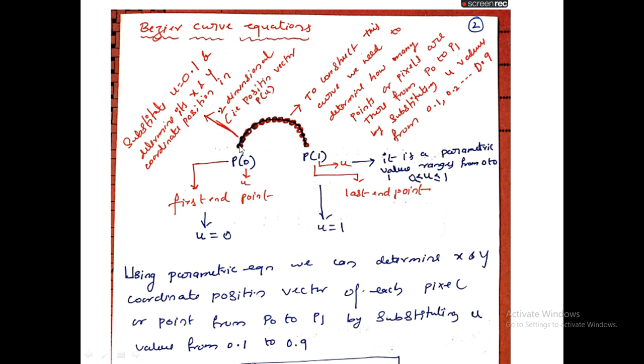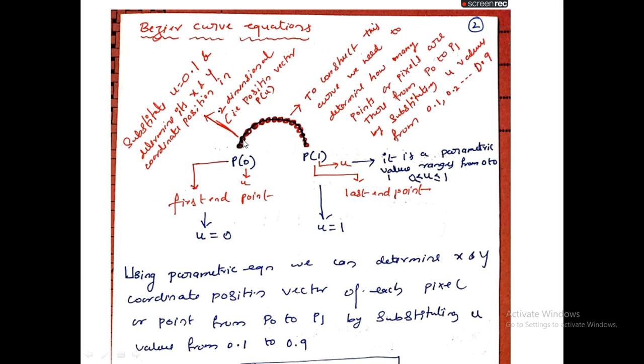Next, I will substitute u value 0.1 for the second pixel. If I substitute 0.1, then I need to calculate the x coordinate position for the second pixel, and likewise the y value. If you substitute these in the parametric equation, then you will get the second pixel position.